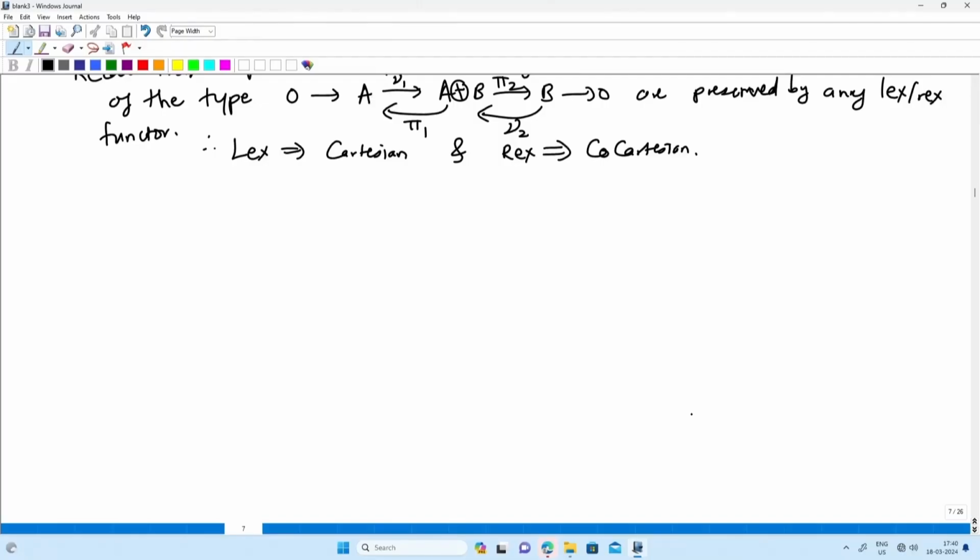Then let us look at one particular type. This is the strongest possible type of category that you can ask for, strongest in the sense that you want all the nice properties of the category of abelian groups to be present in such categories.